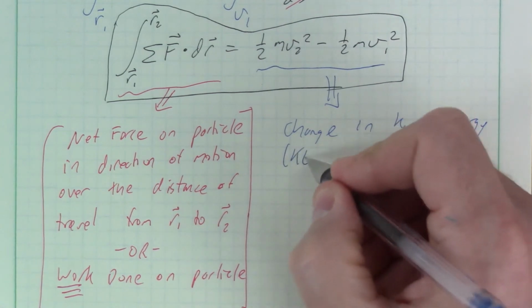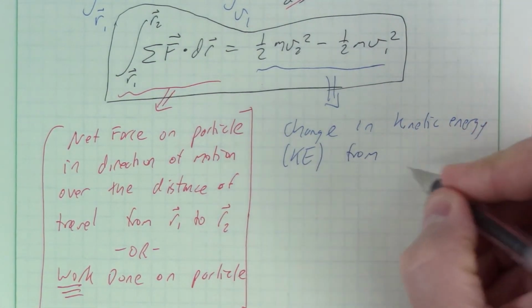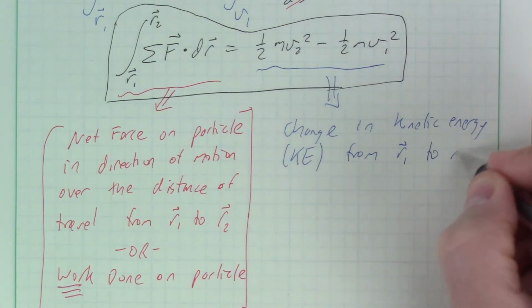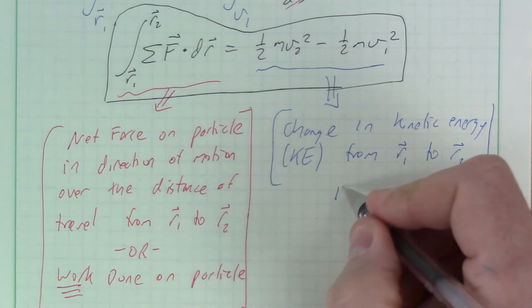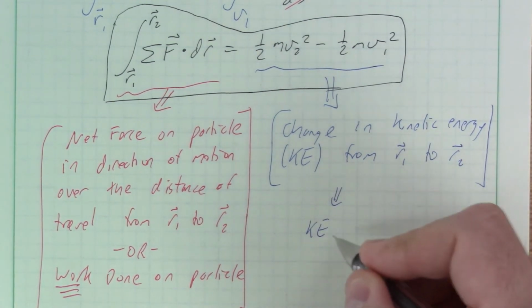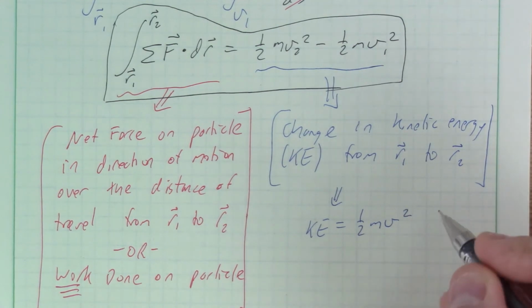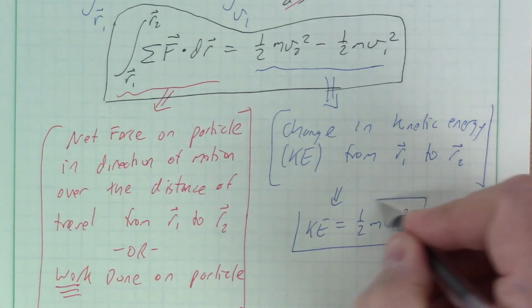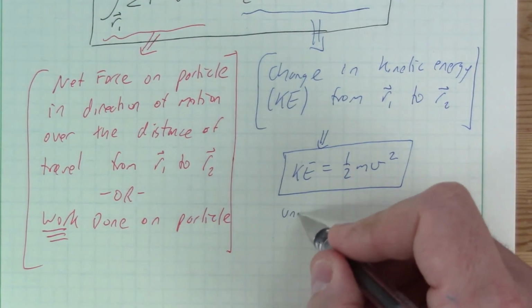I will use KE going forward, because we're going to see it a lot. The kinetic energy of just some object of mass m with some speed v is 1/2 mv squared.